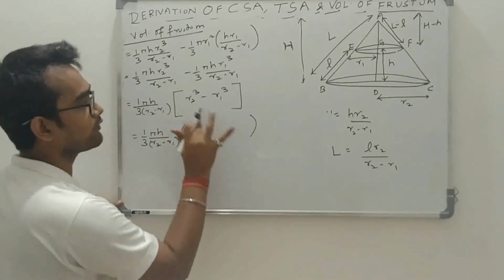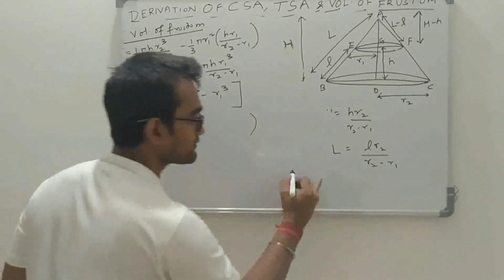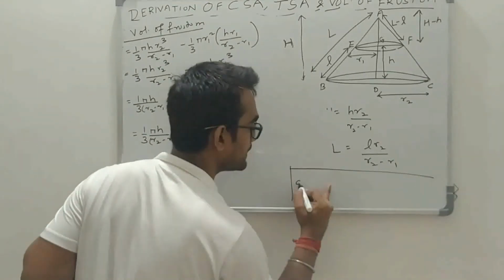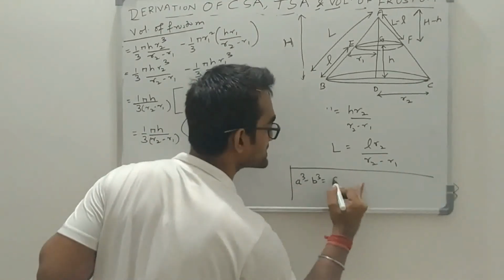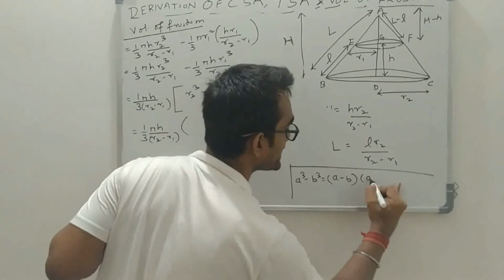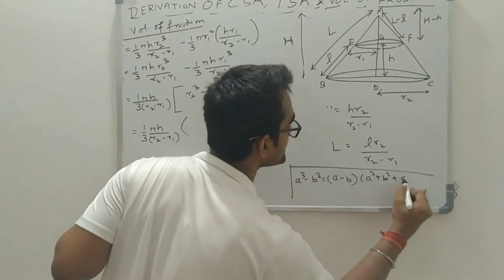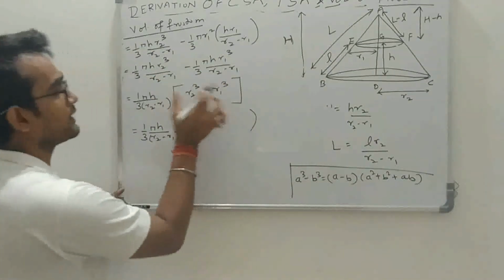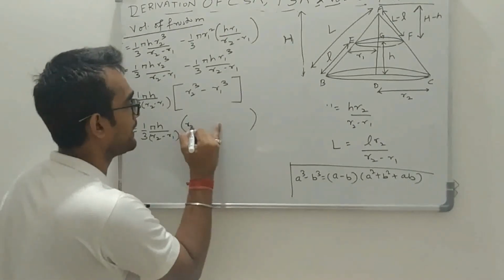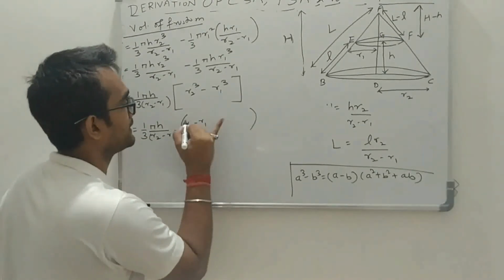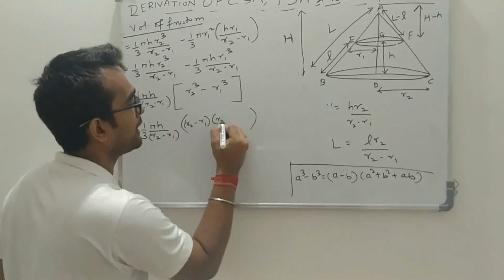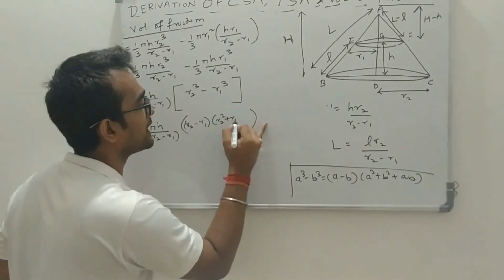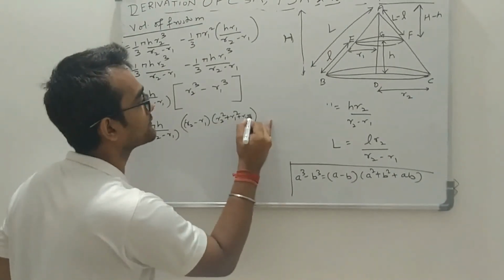I will apply the formula of a cube minus b cube. So what is the formula of a cube minus b cube? a cube minus b cube is a minus b into a square plus b square plus ab. By applying this formula, I will get r2 minus r1 into r2 square plus r1 square plus r1 r2.